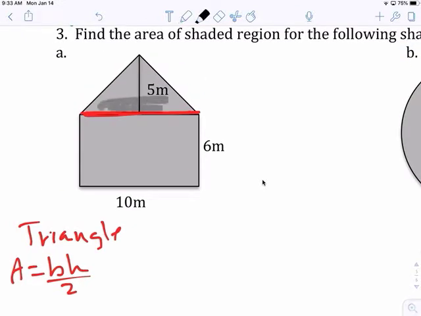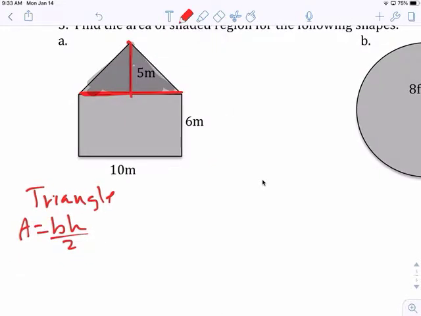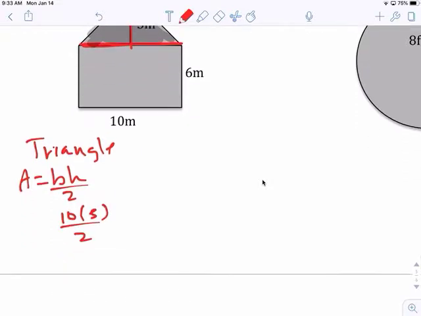Some of you see 2 triangles, but the easiest way is to see one whole triangle, and this is the height. Okay, so the base is 10 times the height of 5 divided by 2. Area is 25 meters squared for the triangle.